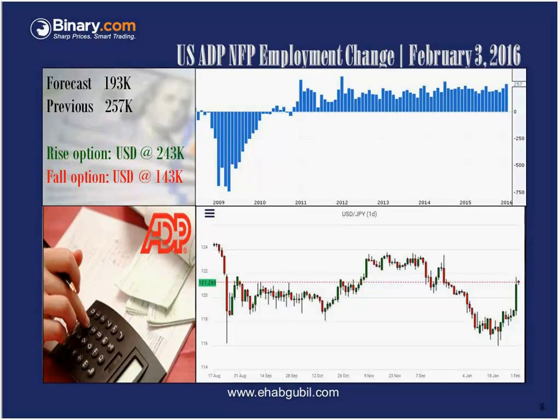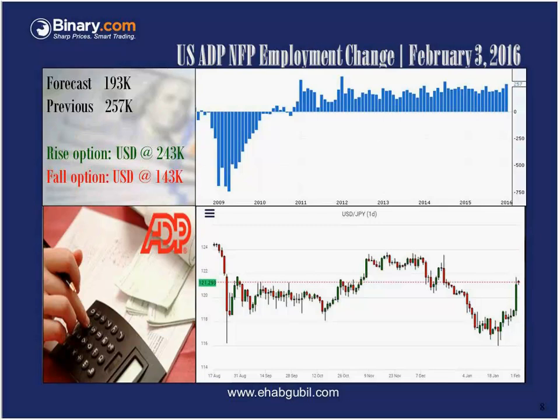First, it's forecasted at 193,000. The previous release was pretty high, 257,000. So we look for a deviation of 50,000.